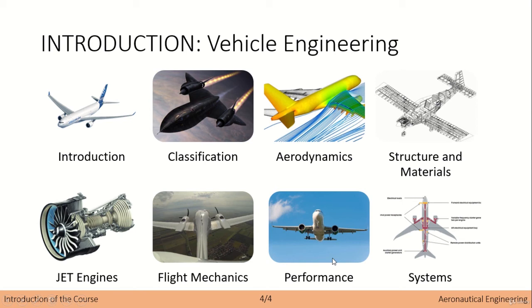Then performance, which is related to key elements such as weights, stability, and the range an aircraft is able to fly. This is a more professionally oriented aspect, performance. And finally we will discuss some systems which are present on the aircraft.